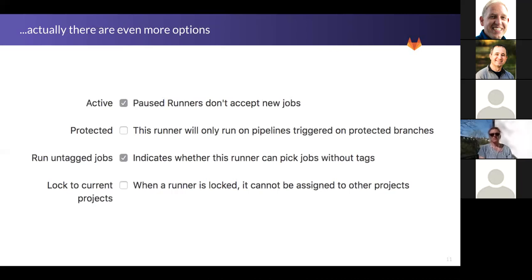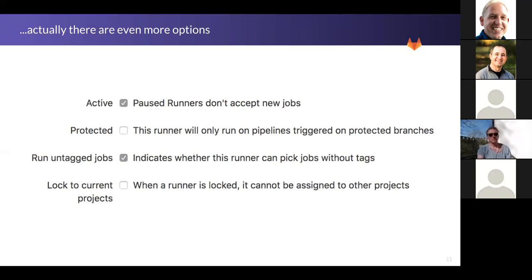So it wouldn't be able to become a shared runner, but it could be used for another project. Unless I lock it to the current project, then this runner can only be used for this one project. Does that kind of make sense? Yeah, a little bit more complex, but worth mentioning.